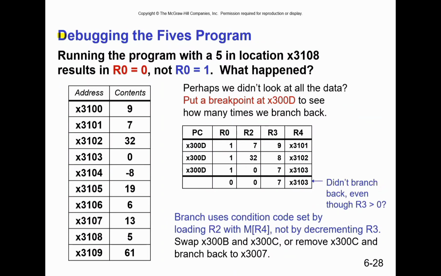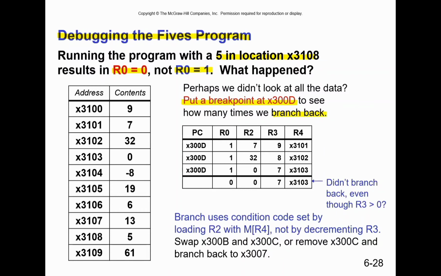The next slide is debugging the 5 program. Running the program with a 5 in location x3108 results in R0 equals 0, not R0 equals 1. This is because perhaps we didn't look at all the data. Put a breakpoint at x300D to see how many times we branch back.